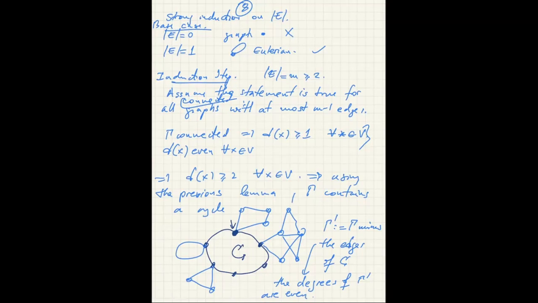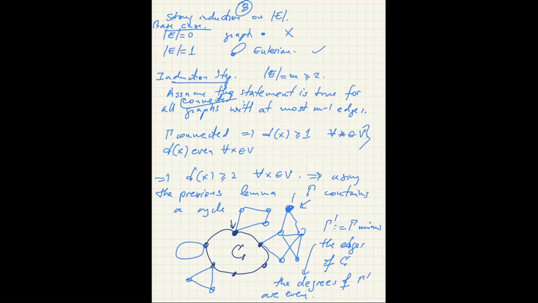Or you could have vertices like this vertex here on the top, which is not on the cycle, so it doesn't lose any edge, so its degree stays the same. It's also even. Now, when you delete these edges, the graph gamma prime may not still be connected.